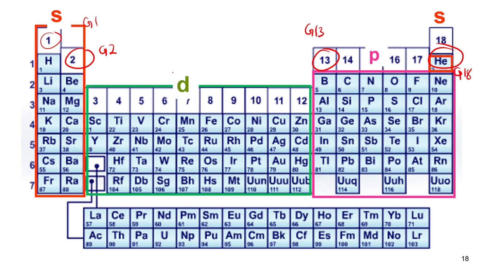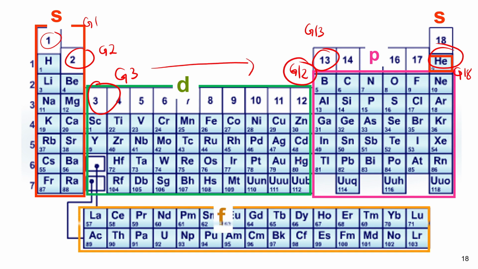D block is for transition elements, starting with group 3 until group 12. And F block refers to the elements of group 3, period 6 and also group 3, period 7.